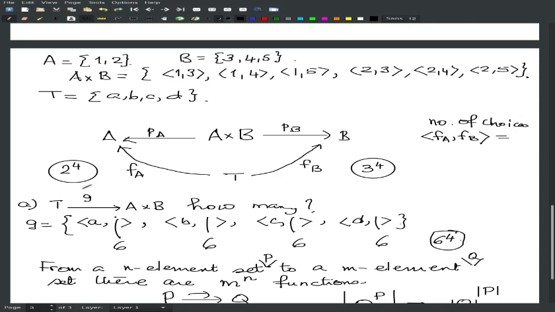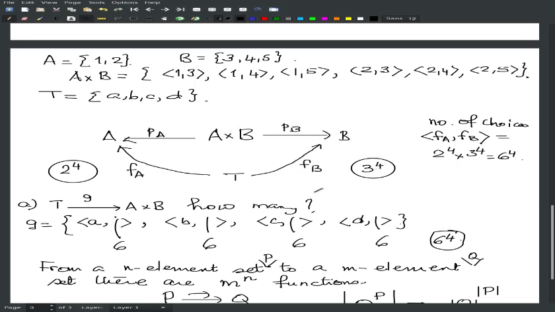There are 2 to the power 4 choices for FA and 3 to the power 4 choices for FB. So how many choices? The product of that. And that is obviously 6 to the power 4. Okay? So observe, the number of functions from T to A cross B and the total number of choices for this pair are exactly the same.